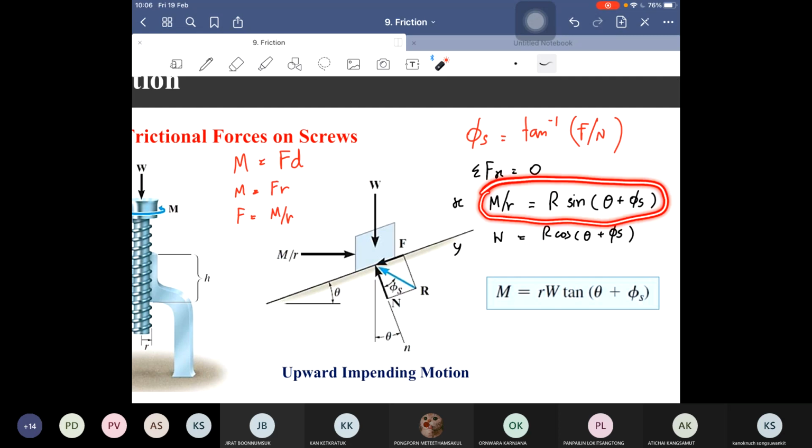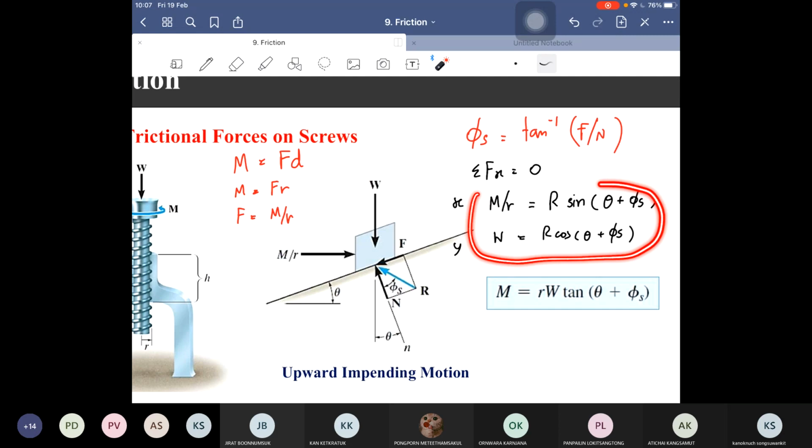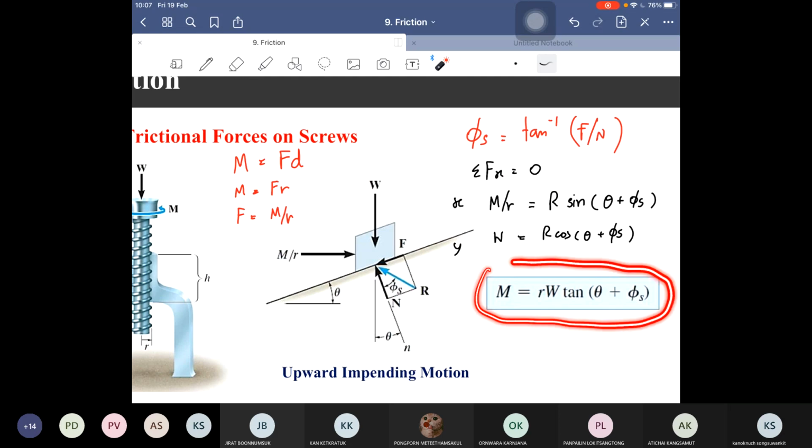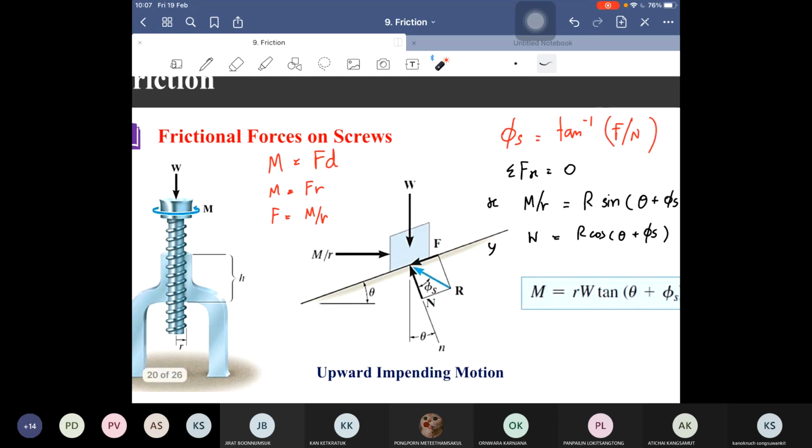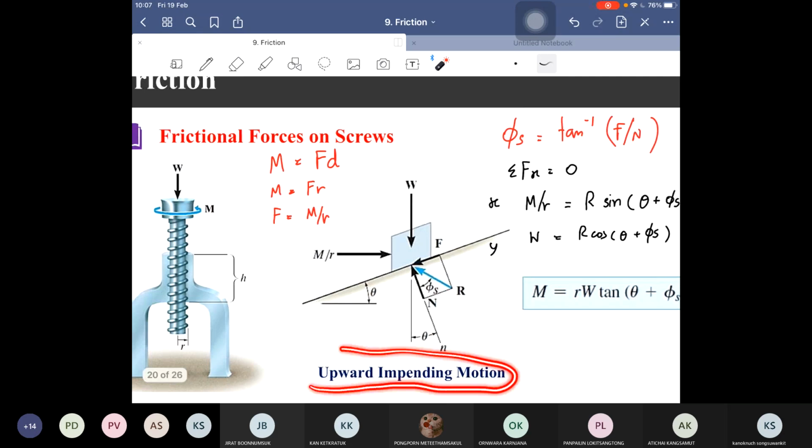Okay, we have equations in x and y components. And for these two equations, you can rewrite them to find the moment. Rewrite into this form, and you can find the moment acting on this screw to make it tend to move upward.